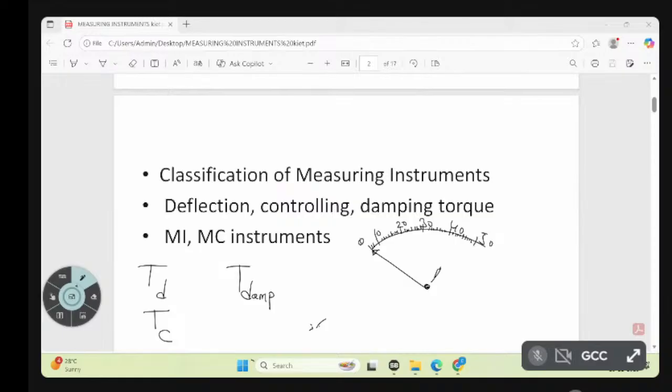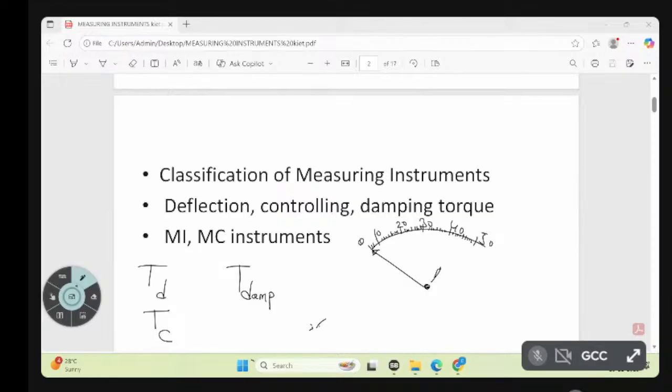That is called controlling torque. The torque required to move the pointer back to the initial position is the torque required to maintain the steady state of the pointer.